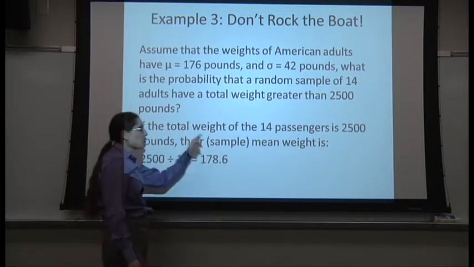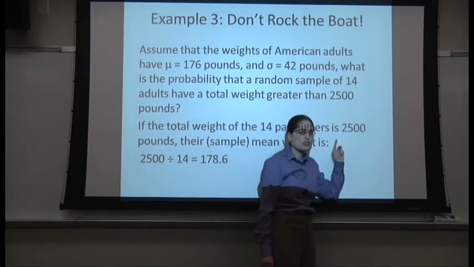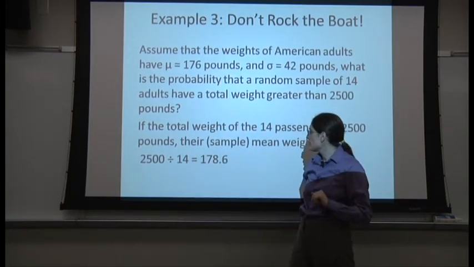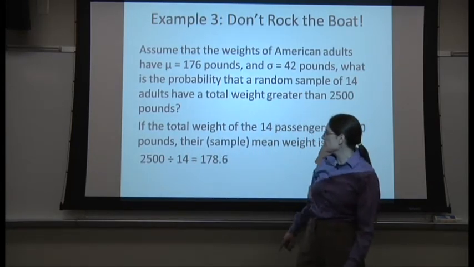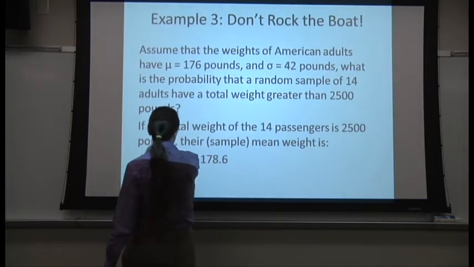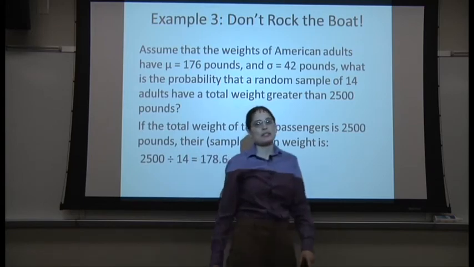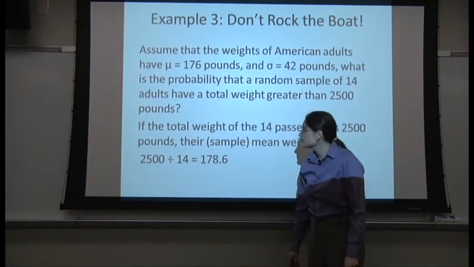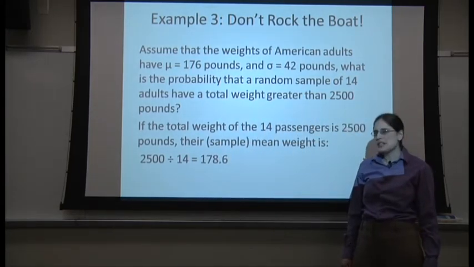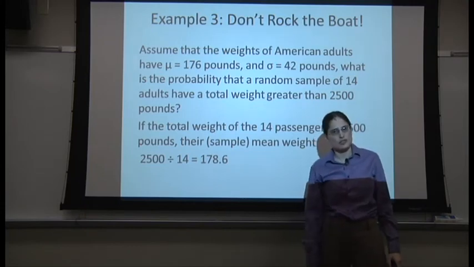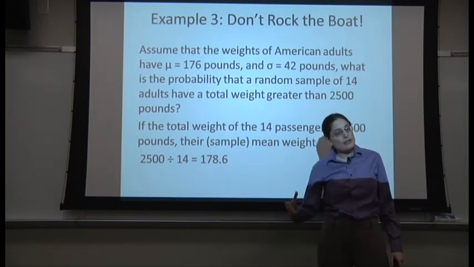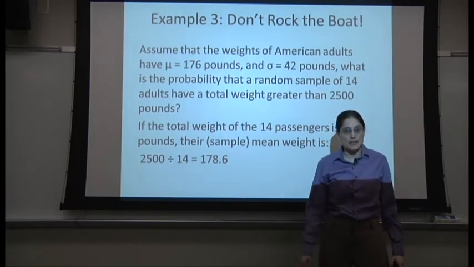So, if the total weight of the 14 passengers is 2,500 pounds, their sample mean is going to be 2,500 divided by 14, 178.6 pounds. So, we keep having to restate the question. Why? Because this question is complicated.